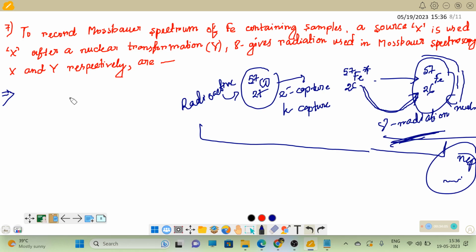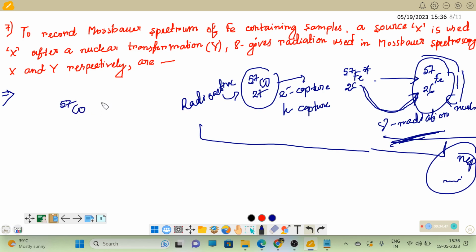Okay, now we will focus on the question. What is X and after nuclear transformation Y, meaning what will happen. The problem asks what X and Y are respectively, where the source is X, and after a nuclear transformation Y, gamma radiation is used in Mossbauer spectroscopy. The source is 57 Co, cobalt.